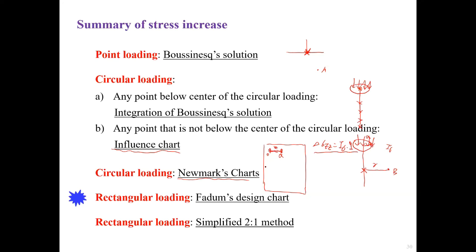So normally this one is used to draw your circular loading. You have to start from the center of the Newmark's chart, and then draw your circular area. But firstly, you need to find your diameter relative to this OQ.